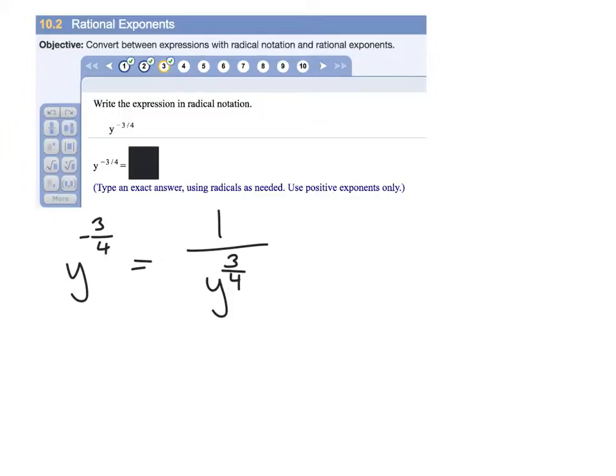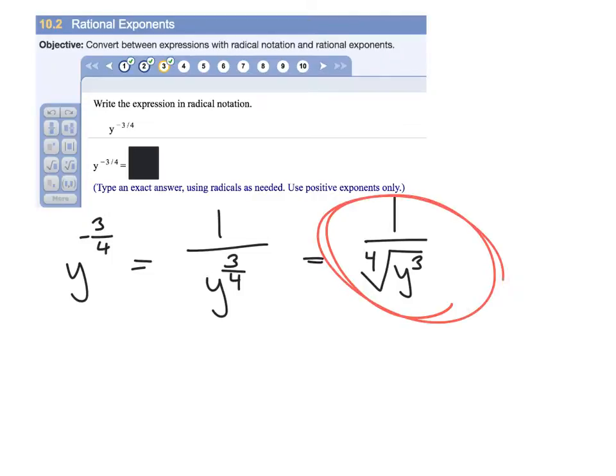And so this becomes equals 1 over the 4th root of y to the 3rd power. And that is what you're going to enter into my math lab. Now you'll notice they have something a little bit different, but these are the same form, the same answer, just slightly different format. My math lab will accept both of them.